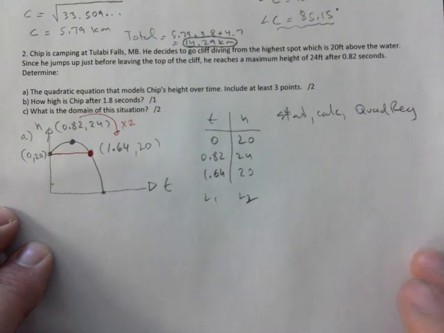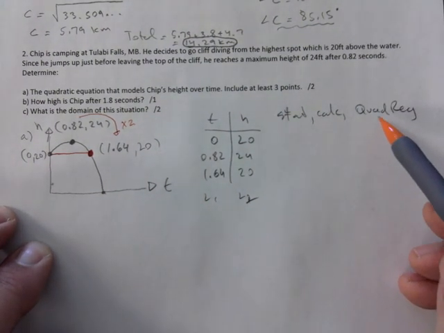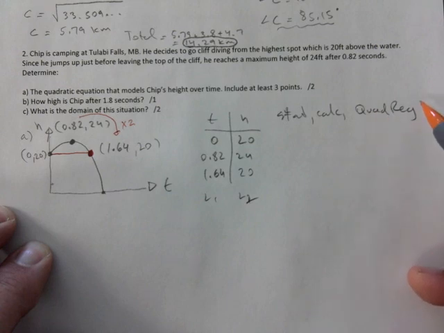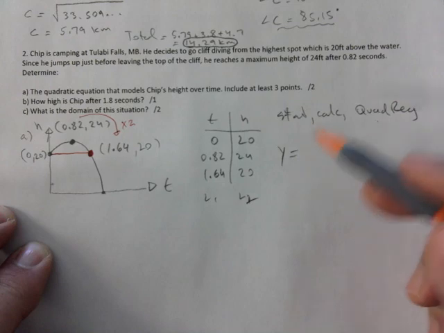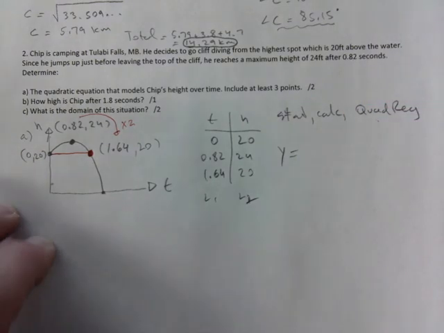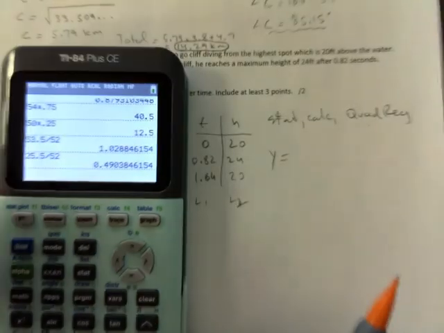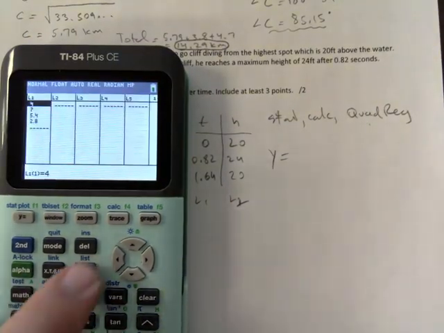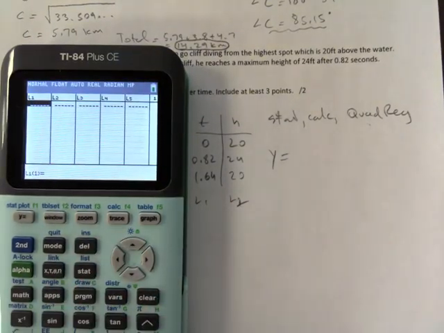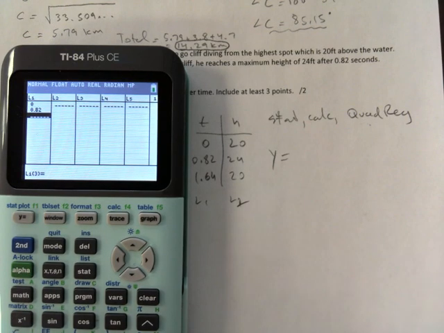I would encourage you to go quadreg because in grade 12, this will not always be a quadratic. You type that in. Do you remember how to do that? Maybe I forgot how to do that even. Okay, so stat, enter, clear, 0. Enter that there, 20, 24, 20.